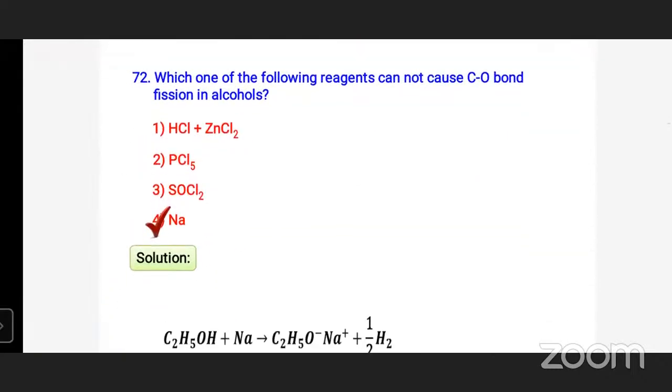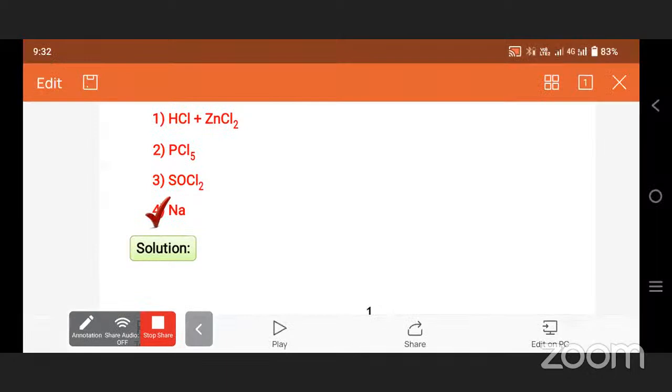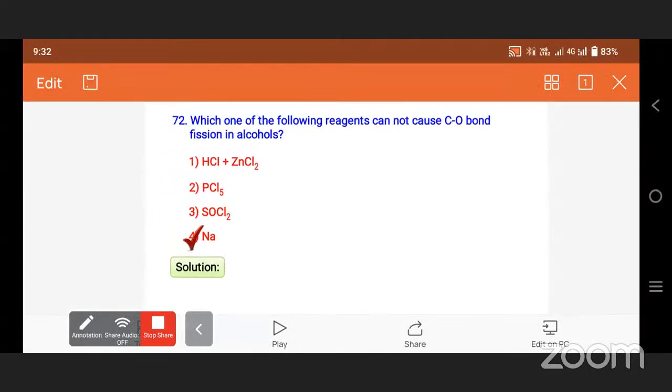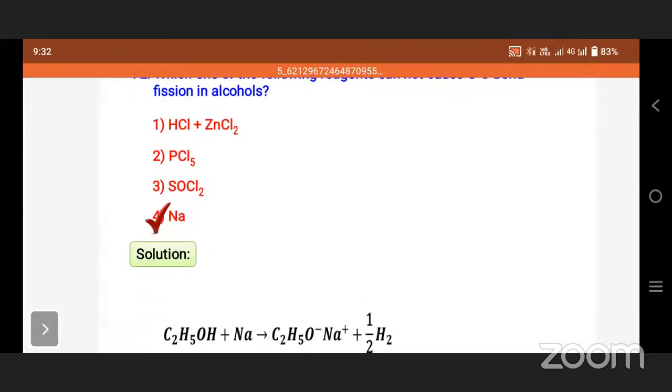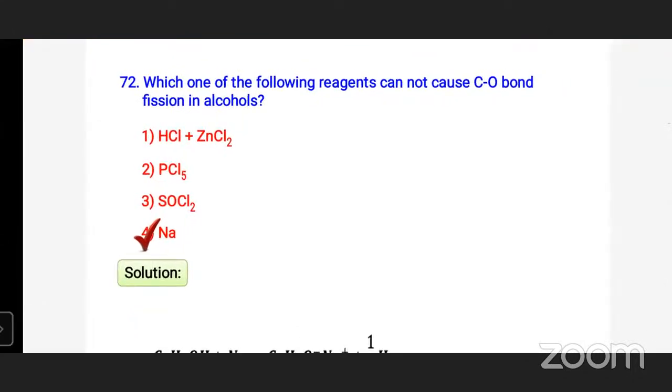Next question: which one of the following reagents cannot be used for C-O bond fission in alcohol? Number 1, HCl plus ZnCl2. Second option, PCl5. Third, thionyl chloride. Fourth, sodium metal.